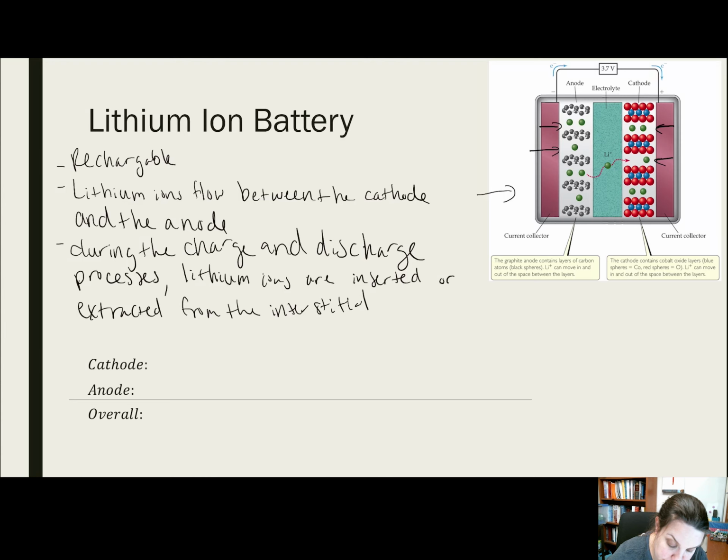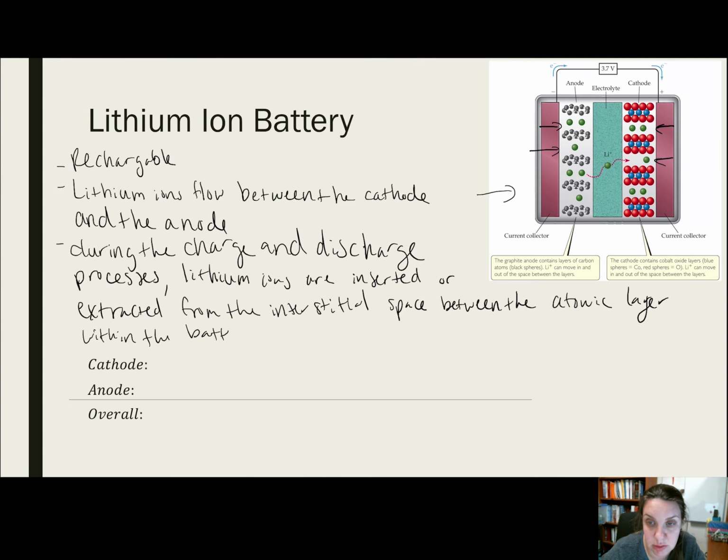The interstitial space is an empty space in between the layers. So the ions are going between the anode and the cathode.